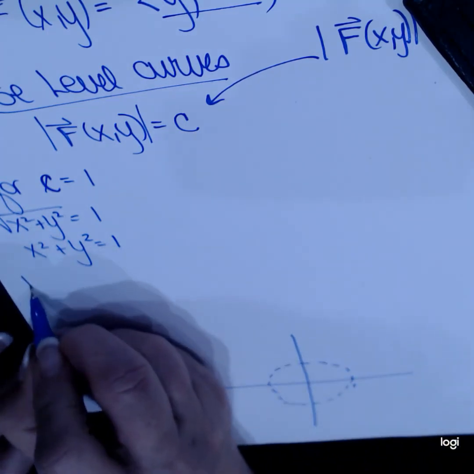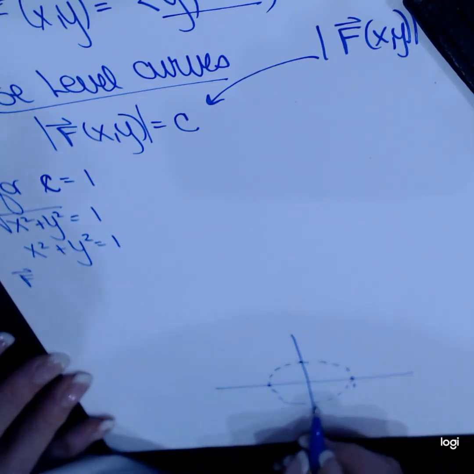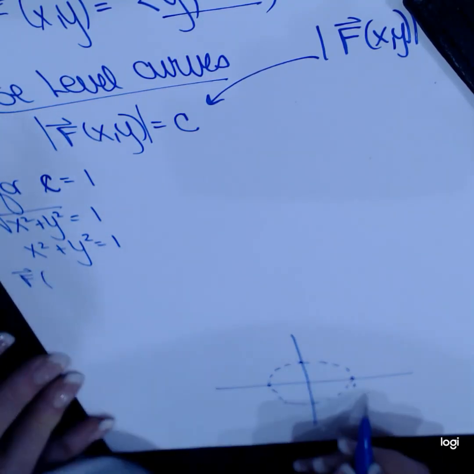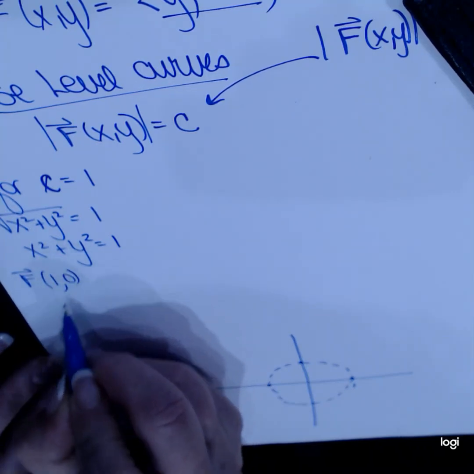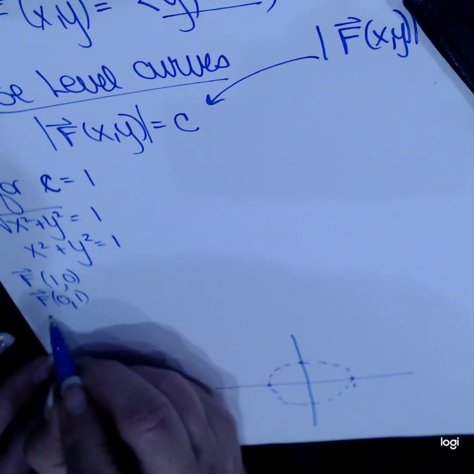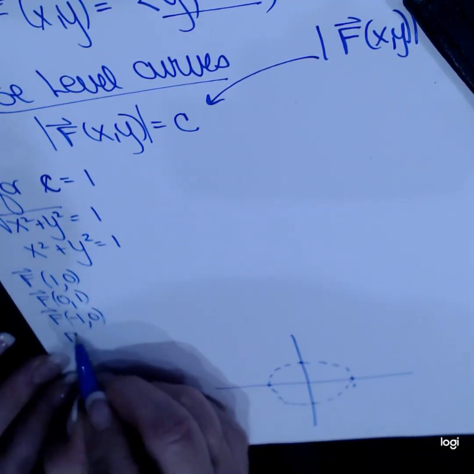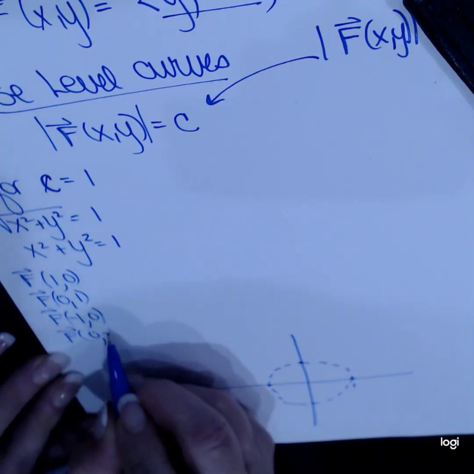For example, let's look at the vectors that sit on these endpoints, and I know what those are. That's going to be (1, 0), (0, 1), (-1, 0), and (0, -1).